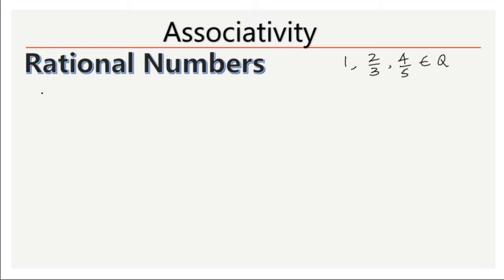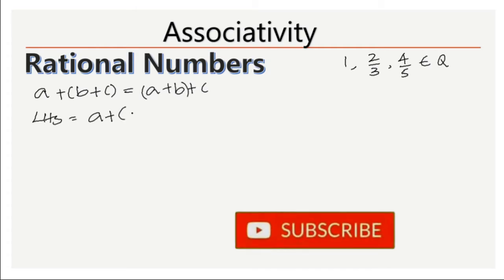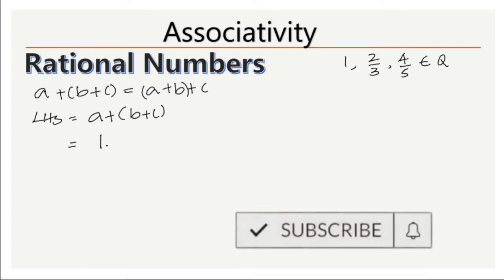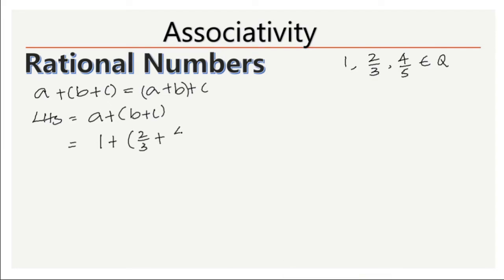I need to verify (a plus b) plus c equals a plus (b plus c). I'll consider the left hand side and the right hand side separately. Here we have a as 1, b is 2 by 3 and c is 4 by 5. Now I should simplify within the brackets first.